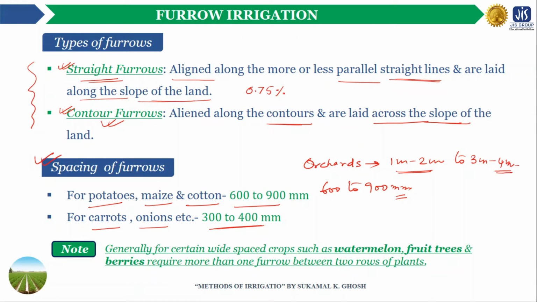Moreover, certain wide spaced crops such as watermelon, fruit trees and berries generally require more than one furrow between the two furrows of crops.